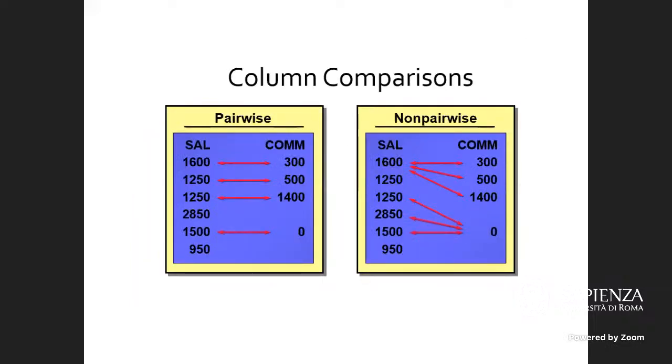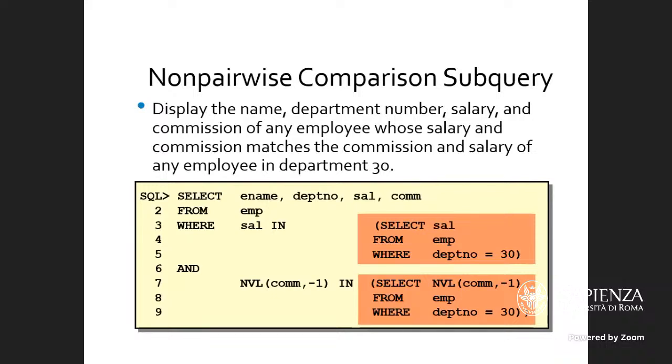So we also have column comparison, but on the other side, we have pairwise comparison. We have non-pairwise comparison for columnar operators when we are doing multiple row subqueries. So this is a great example of what we call non-pairwise comparison subqueries.